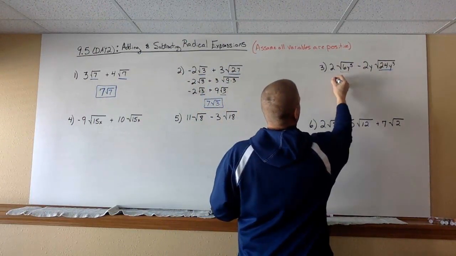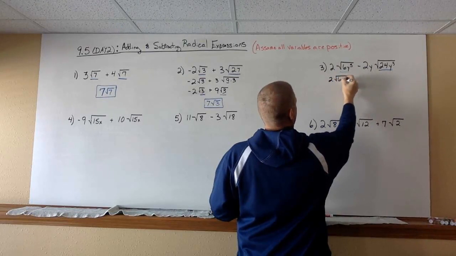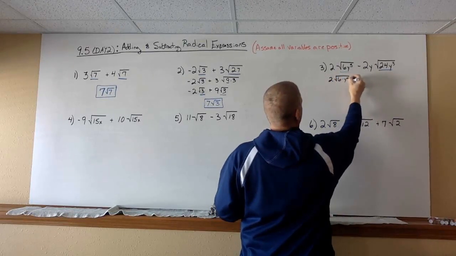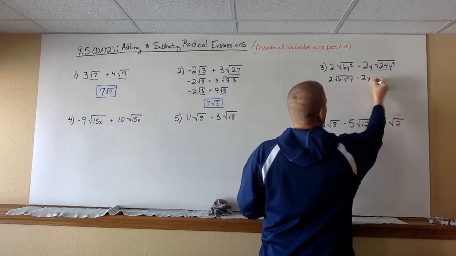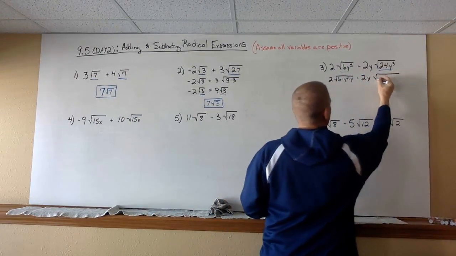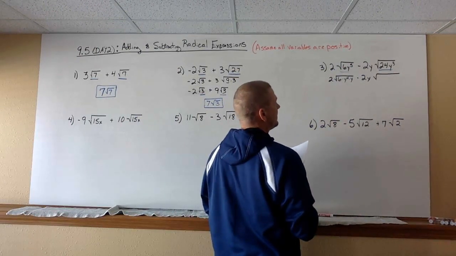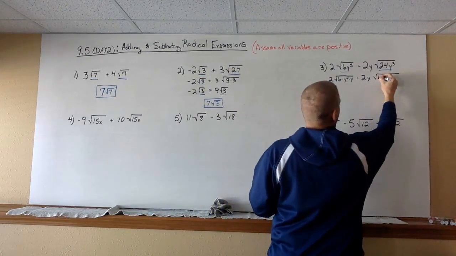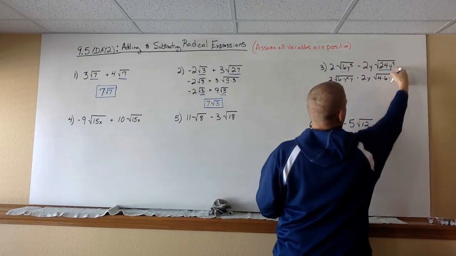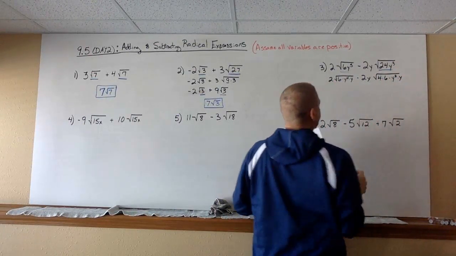And here I have 2 square root 6 times y to the 4th times y, minus 2y, and then I'm going to break this one up. Perfect squares in there. 24, what's my perfect square in there? That would be 4 times 6, right? So 4 times 6 times, I'm going to make this even, y squared times y.